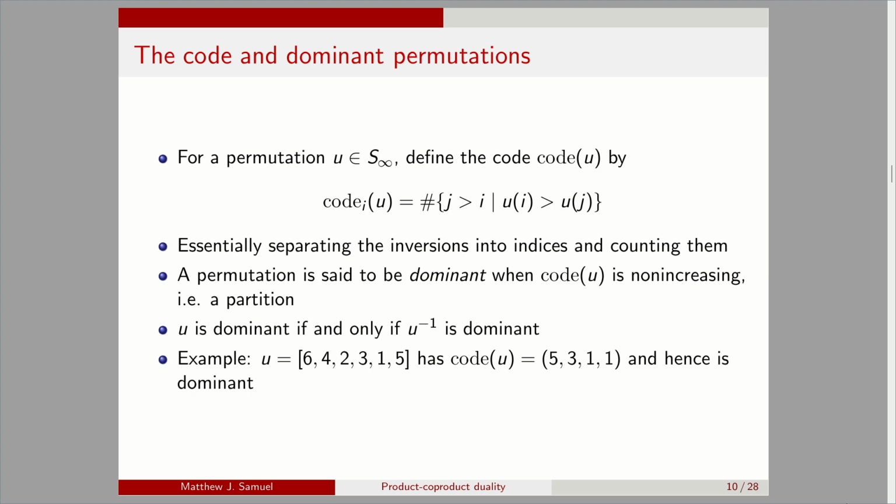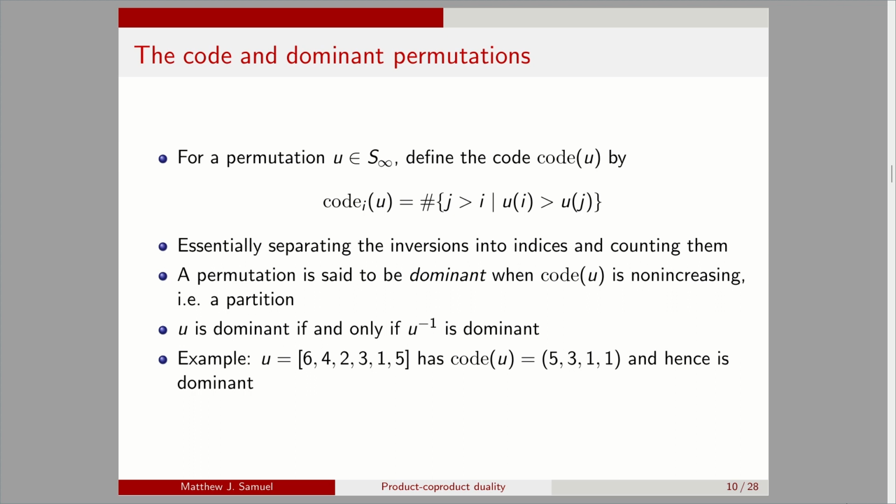Now, we're going to define a sequence associated to a permutation u called its code. So the code of u is defined by defining code i of u to be the number of j greater than i such that u_i is greater than u_j. So we're separating the inversions into indices, and we're counting the number of inversions that occur at each index.